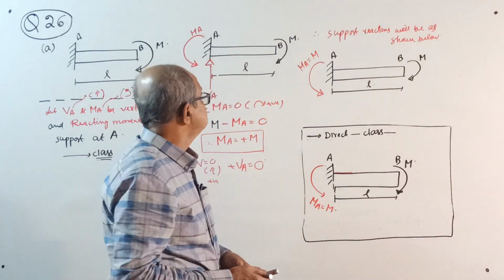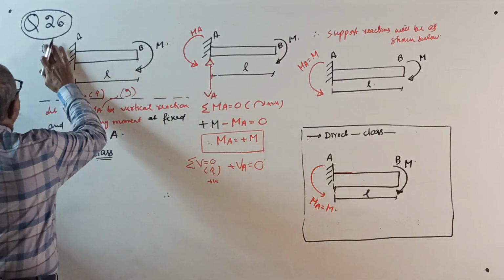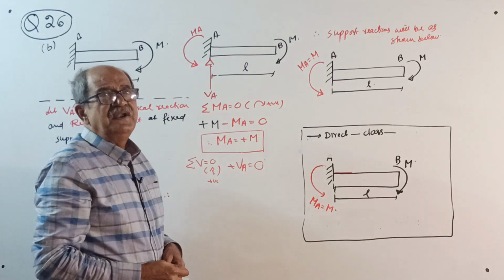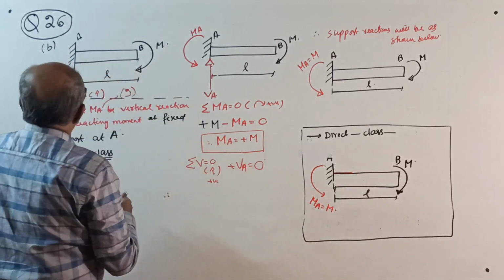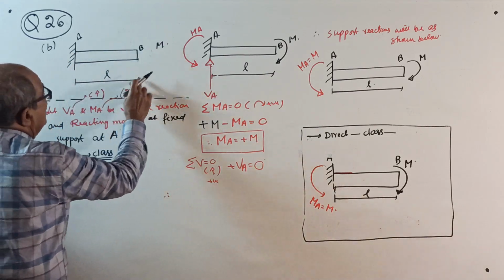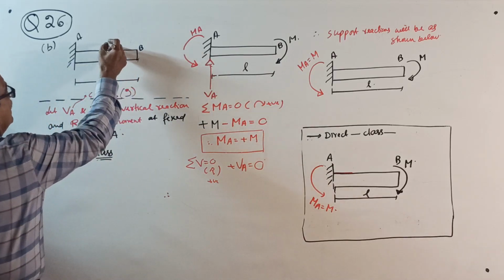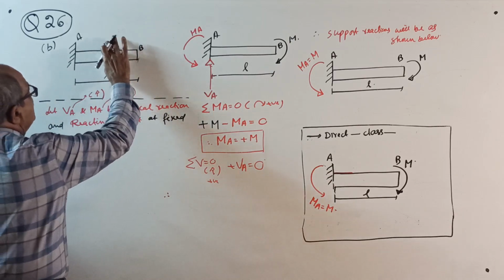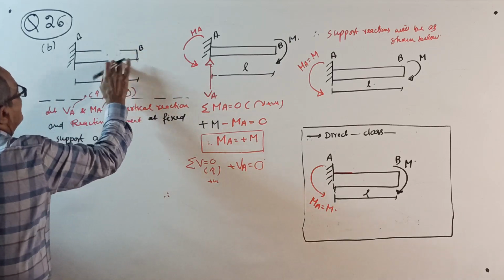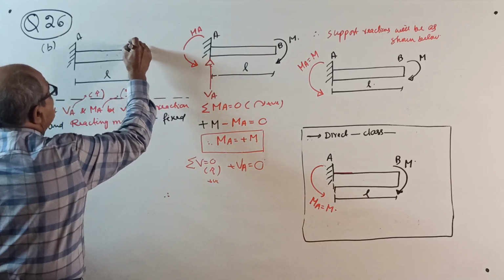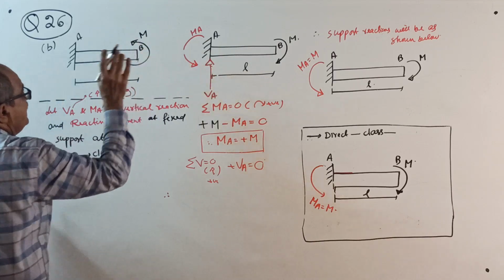Over. Question 26B. Single couple is 26; multiple couple is 27. Question: a cantilever beam of span L is subjected to an anti-clockwise couple M at the free end.